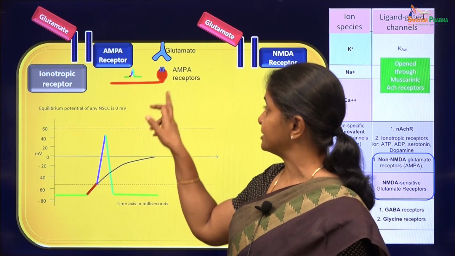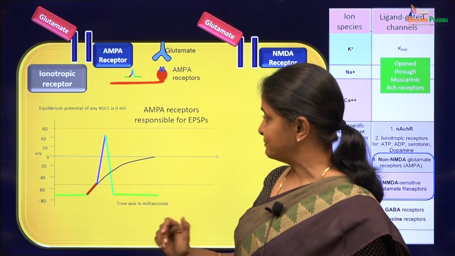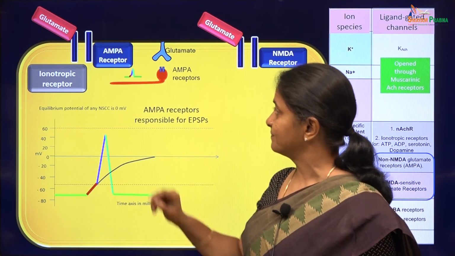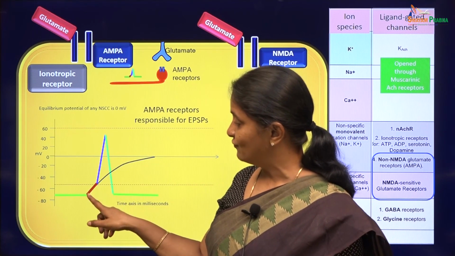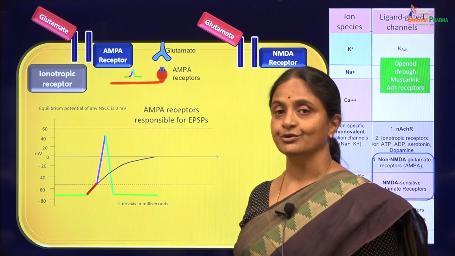The foot of the action potential in the postsynaptic cell is called an EPSP, an excitatory postsynaptic potential, and the AMPA type of glutamate receptors are responsible for the EPSPs in a postsynaptic neuron.